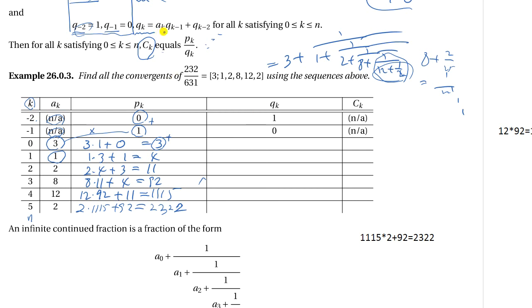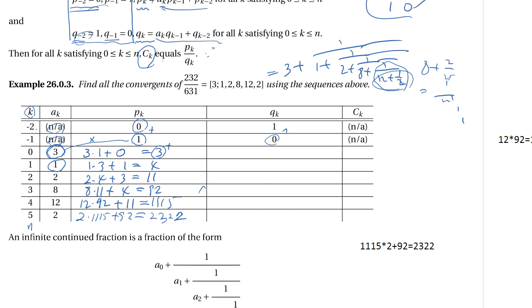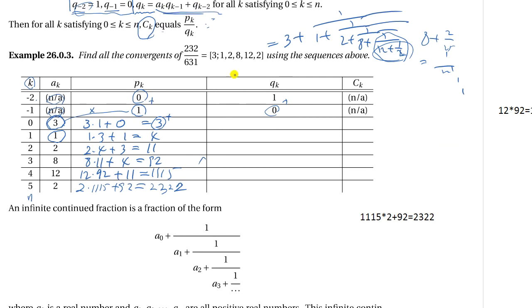And let's just do the same thing for q sub k. We multiply a sub k times the one above plus the one above that, right? So the rules are just the same. This p sub k or q sub k, doesn't matter, same rule. Just use different column values.